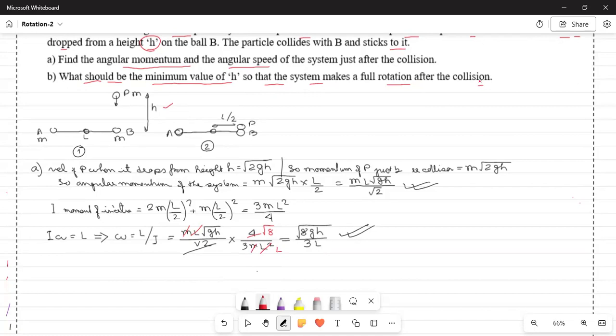To start with, this angular velocity will of course create an angular momentum, and will of course create a kinetic energy. Let us find out this kinetic energy.